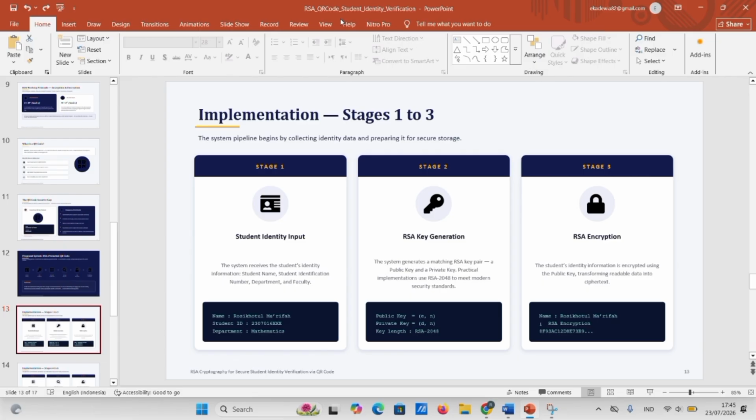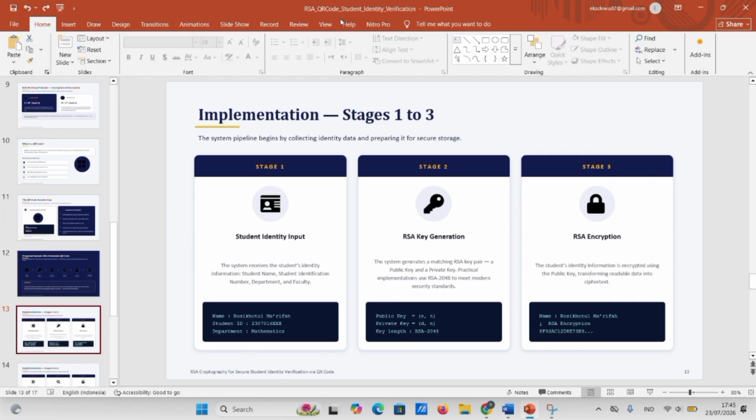Implementation, stages 1 to 3. The system pipeline begins by collecting identity data and preparing it for secure storage. Stage 1: student identity input. The system receives the student identity information: student name, student identification number, department, and faculty. Stage 2: RSA key generation.